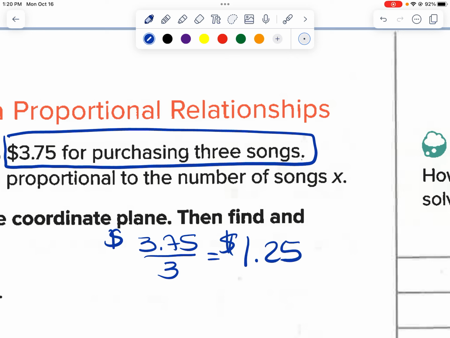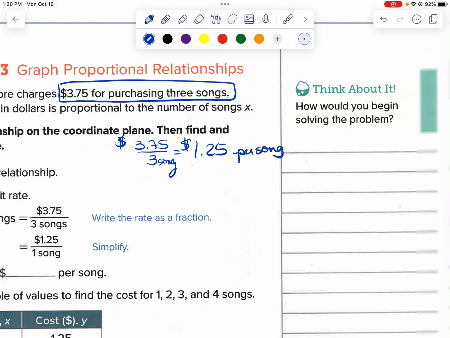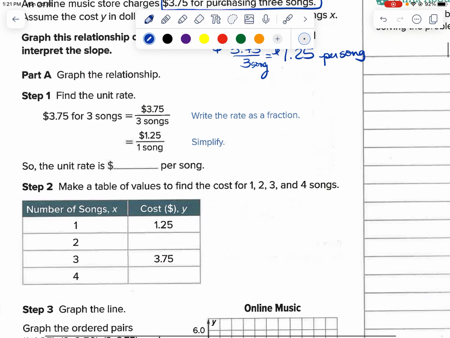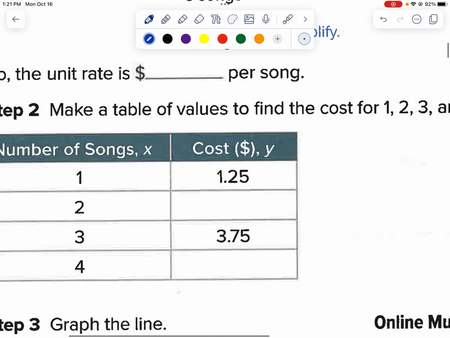Well, it's talking about money and songs, right? So it's $1.25 per song. I just got the unit rate. Well, guess what that also is? That's also our slope.